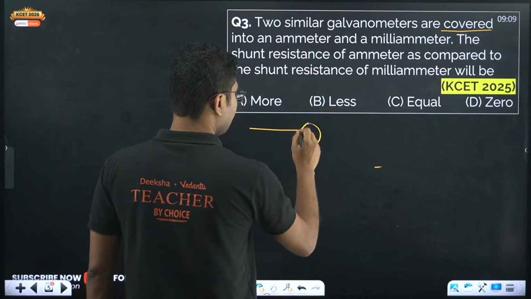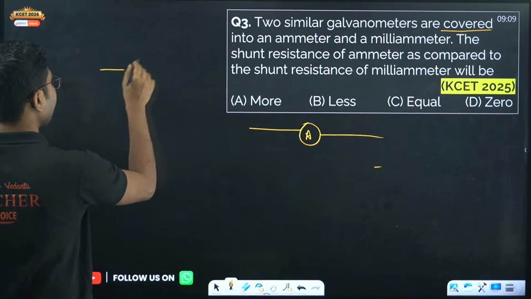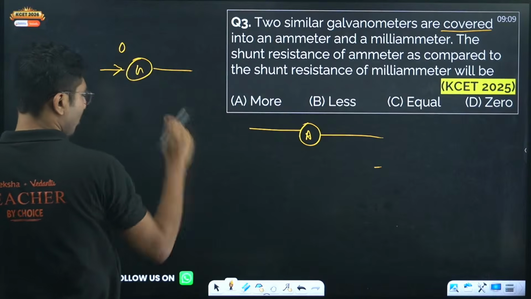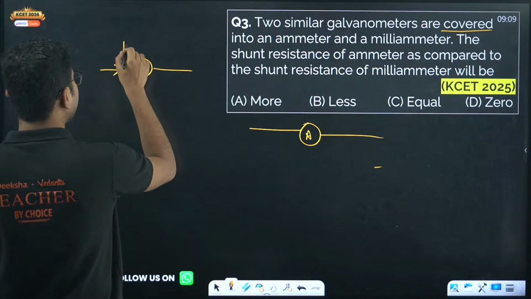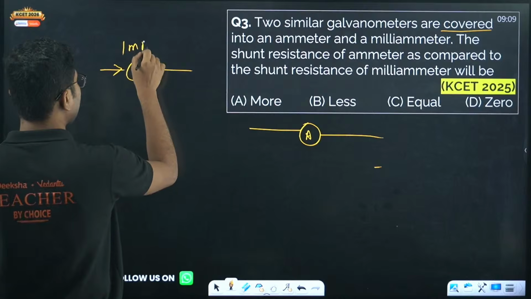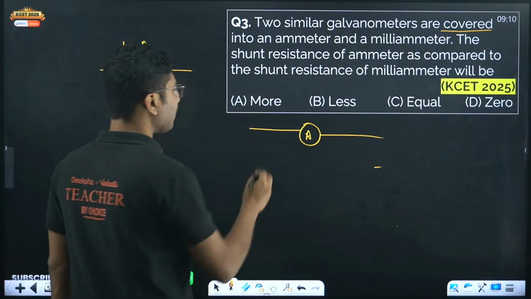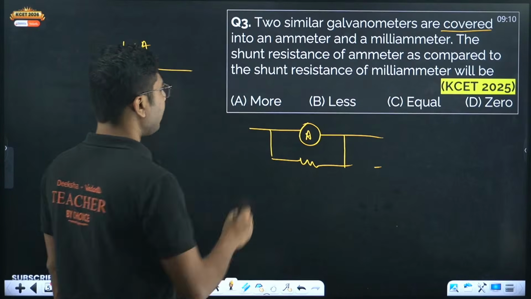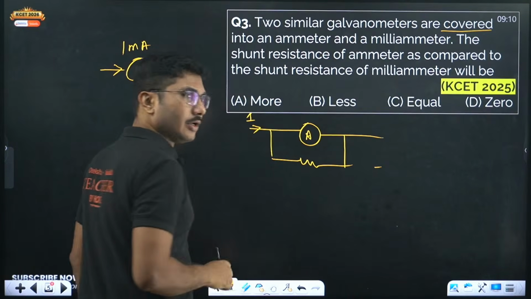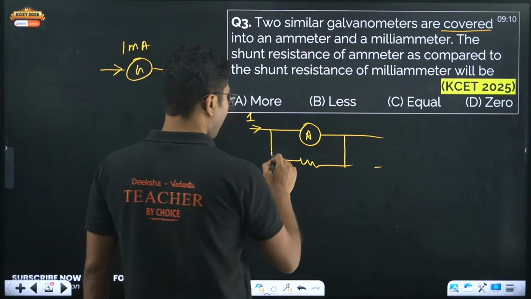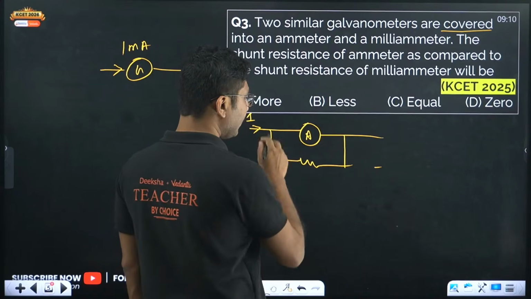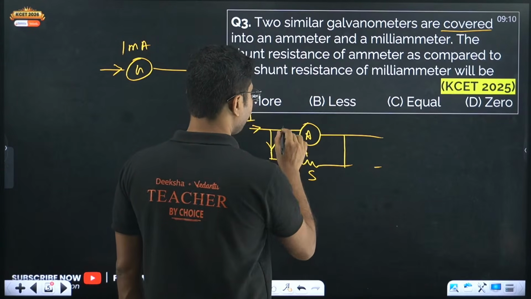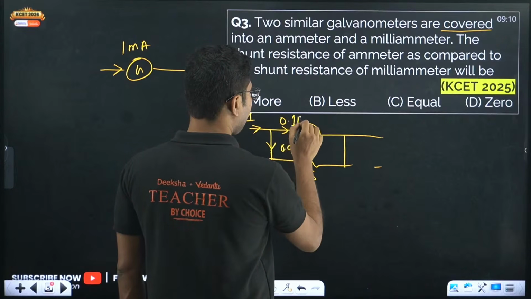Suppose we have a galvanometer which can allow a maximum of 1 milliampere to pass through it. Now suppose we have an ammeter which can measure in amperes, with a current of say 1 ampere passing through it. How much current is passing through this shunt resistance? 0.999 ampere is passing through the shunt, and only 0.001 ampere is passing through the galvanometer.